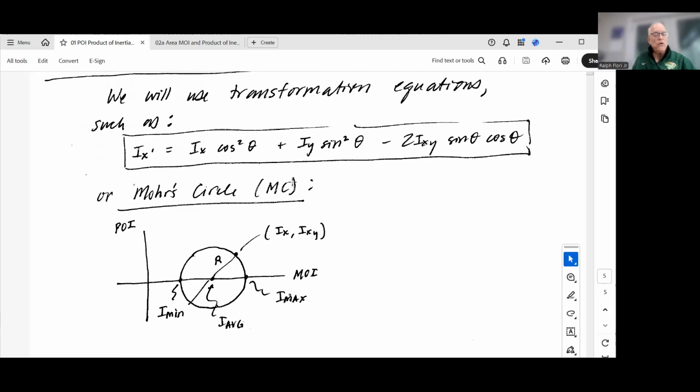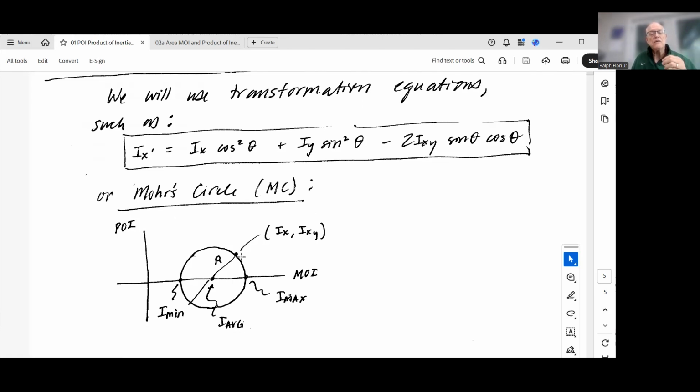Finally, we're going to use Mohr's circle. Mohr's circle was developed by Otto Mohr 200 years ago. This Mohr's circle is a locus of combinations. The horizontal axis is moment of inertia, in other words, your Ix and Iy values, and the vertical axis is product of inertia, in other words, Ixy.